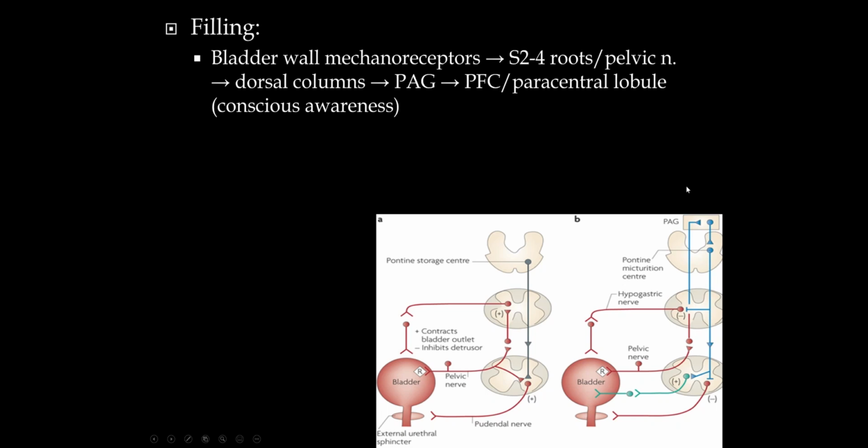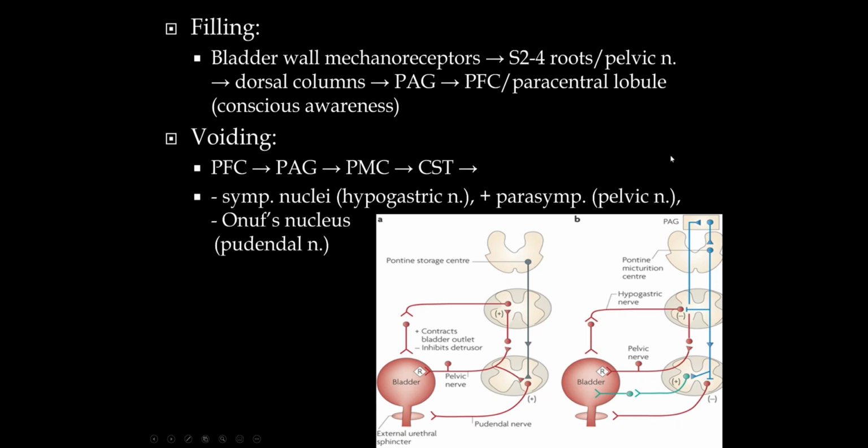Remember that the paracentral lobule supplies the leg with motor and sensory information, and also the bowel and bladder. And so now the brain is aware of the state of filling. So maybe you really have to go to the bathroom now, and it's really bombarding the paracentral lobule. You're consciously aware of that.